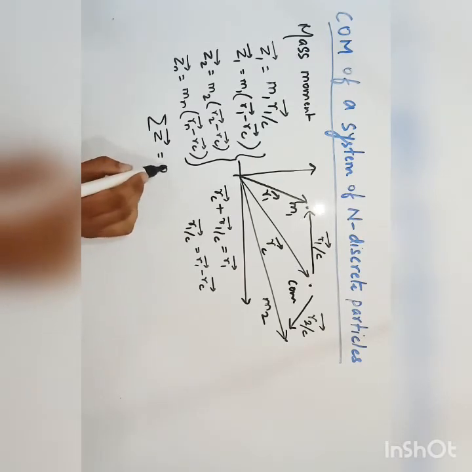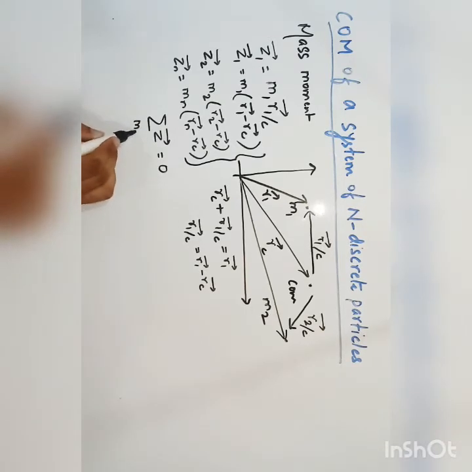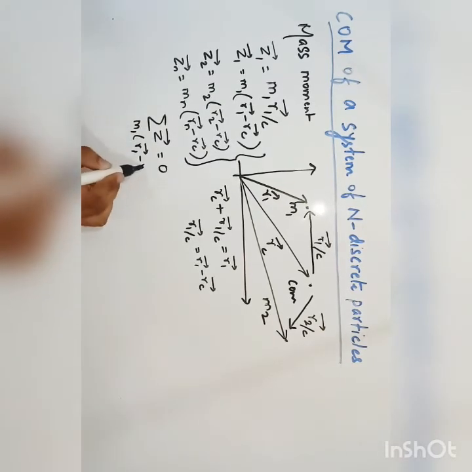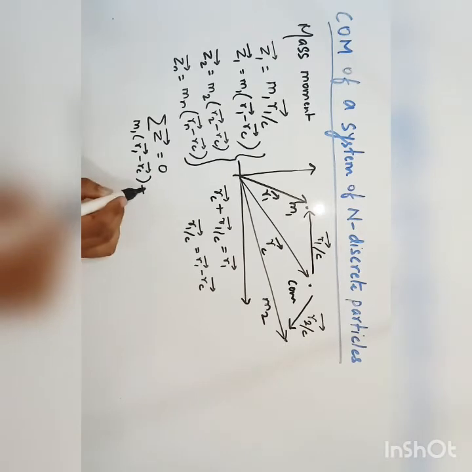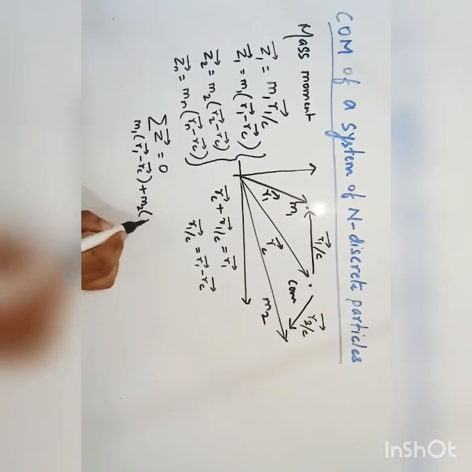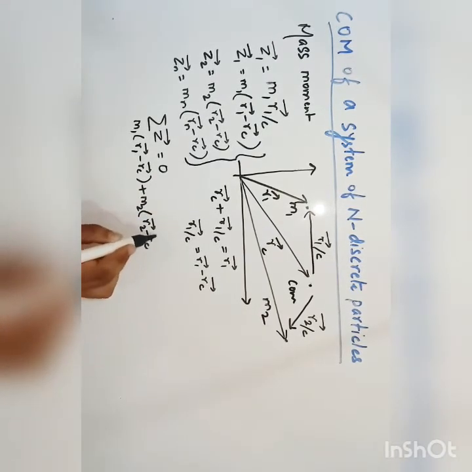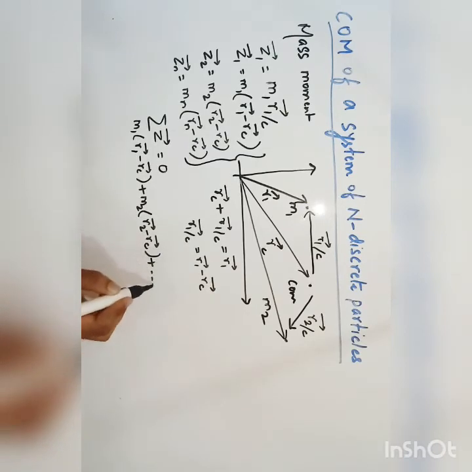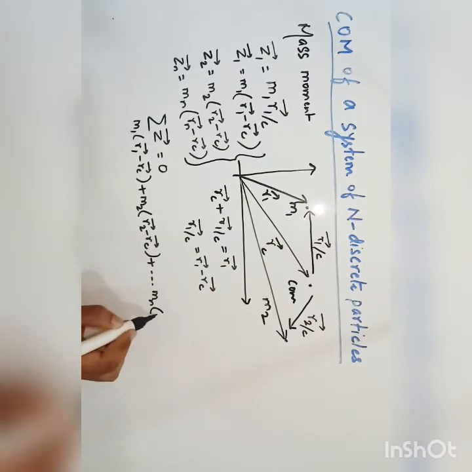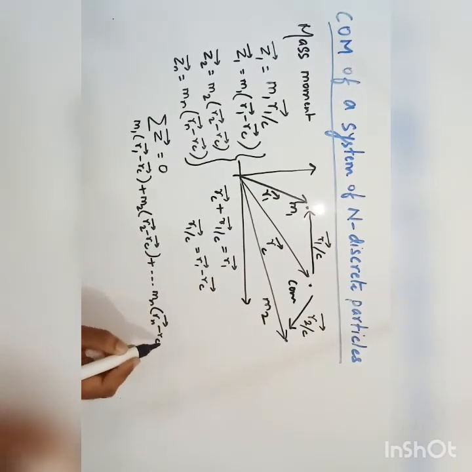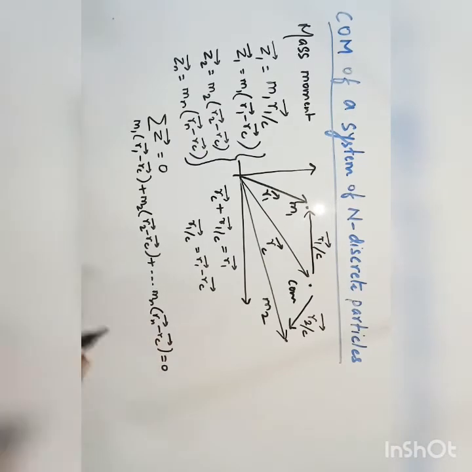All right. So that is m1 into r1 minus rc, plus m2 into r2 minus rc, plus mn into rn minus rc. This sum has to become 0 about center of mass.